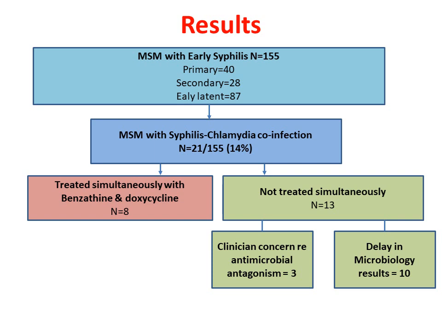On further review of this, 3 were found to be treated separately due to clinical concern about antagonism, and 10 were treated separately due to a delay in microbiology results.